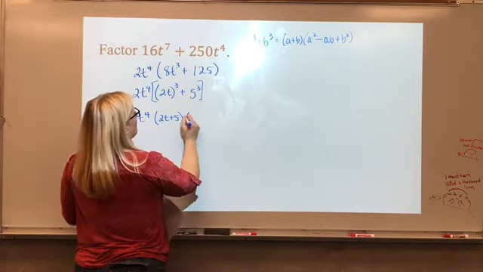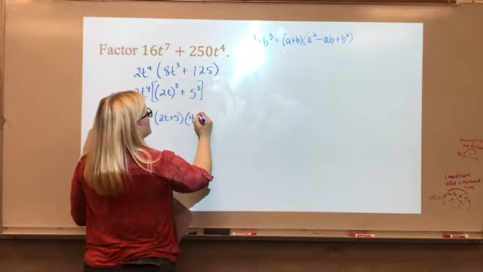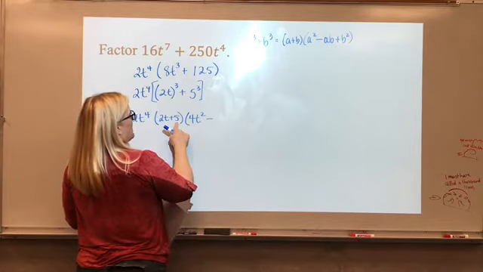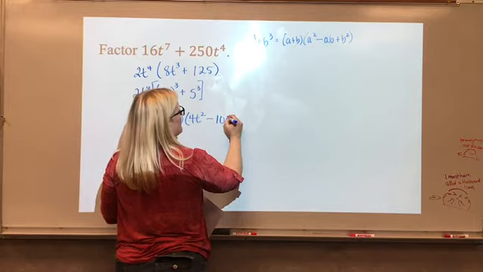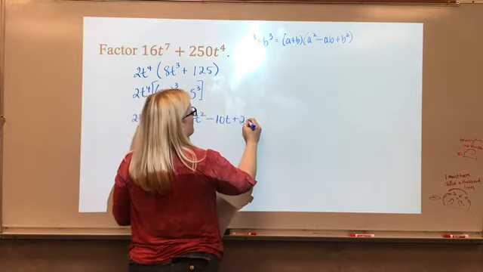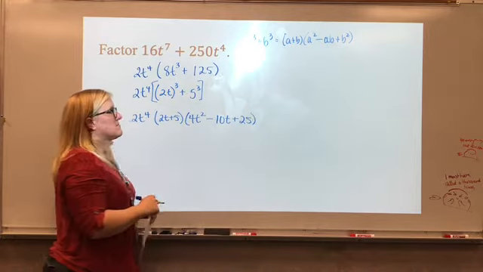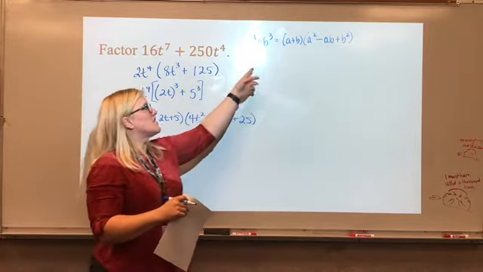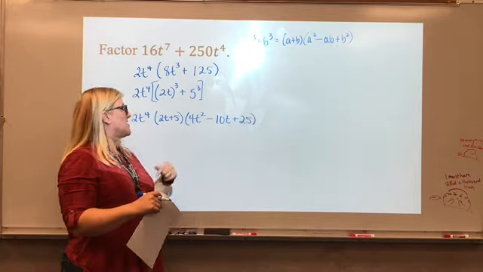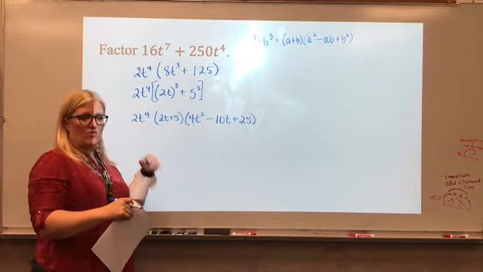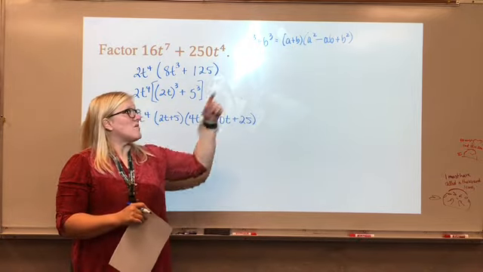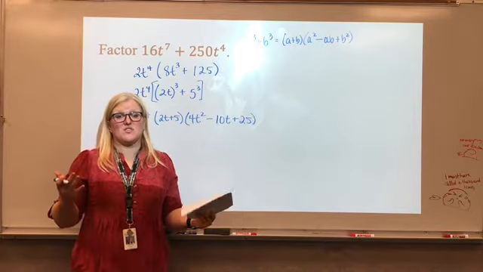Now I'm going to square the first one, so that's 4t squared, minus a times b, so 10t, plus b squared, which is 25. So I just used this equation to get my answer here, and of course I've got the 2t to the 4th in the front. Those I know are tricky. Do your very best. Having that memorized is critical. I mean, you can't do it without it.